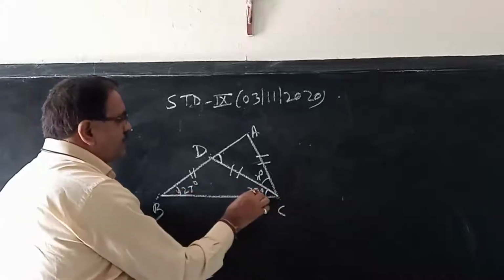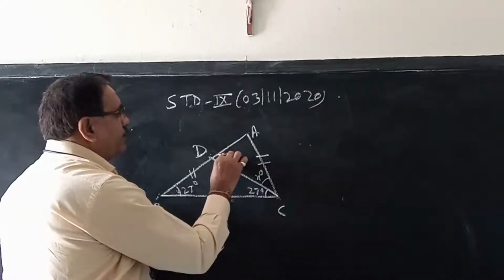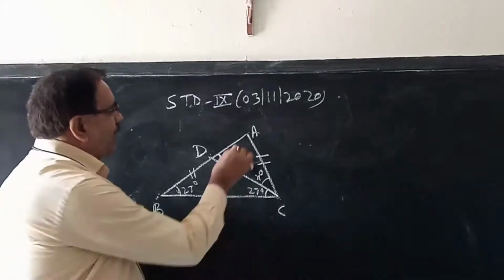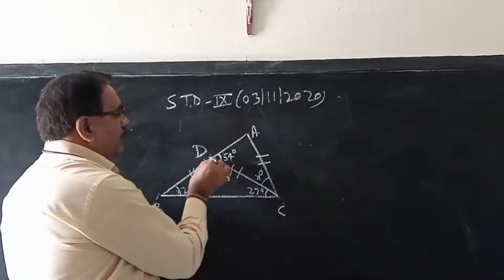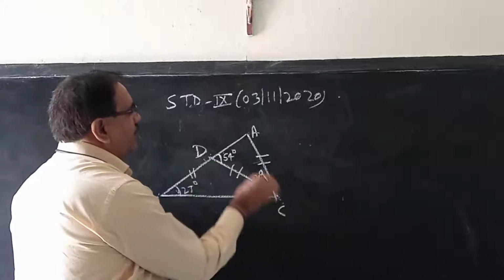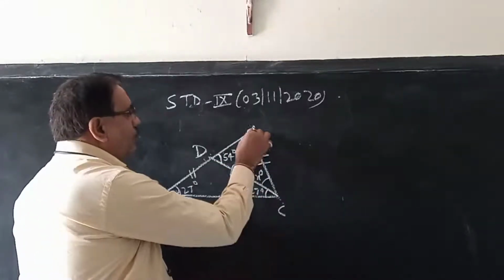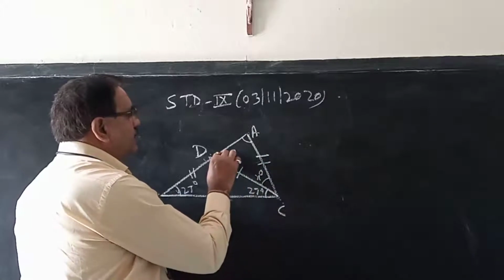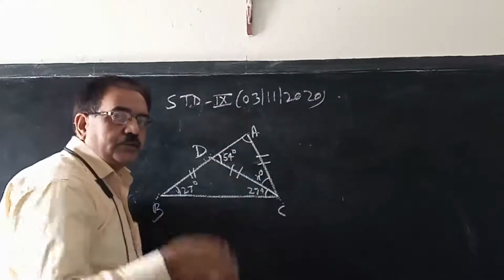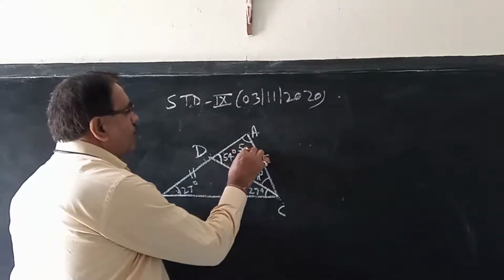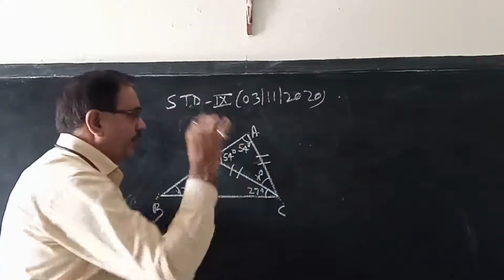So 27 plus 27 is 54 degrees. Now come to triangle ABC. The angle opposite to BC is this angle here. The angle opposite to AC is this, 54. These two angles will be equal, so if this is given as 54, this is also 54 degrees.